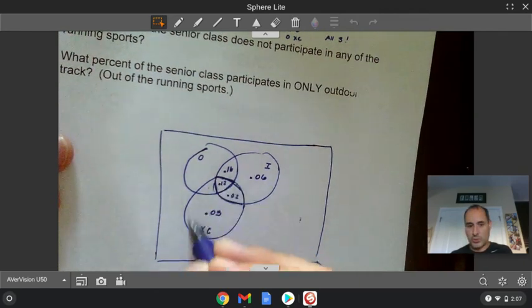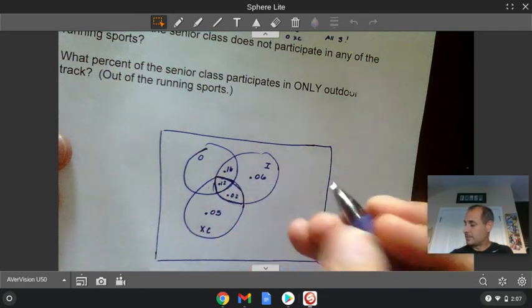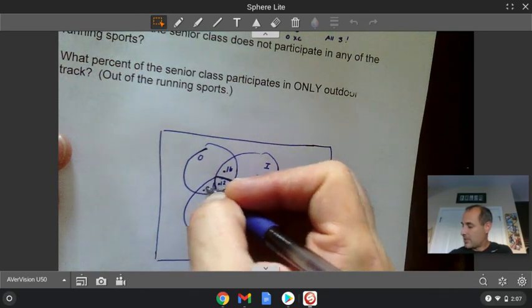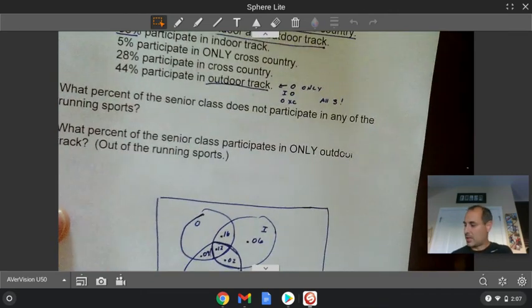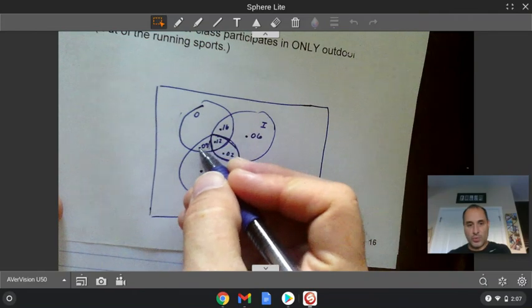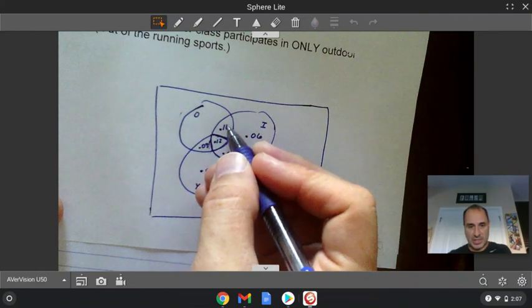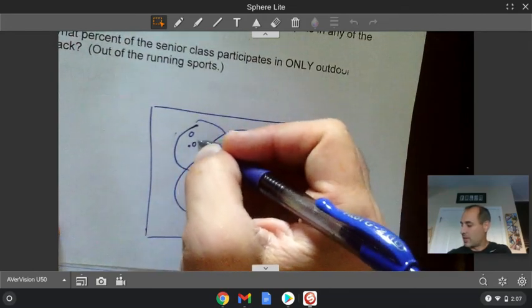This whole circle is 28. 5, 7, 19. So this has got to be 0.09 for 28%. And then last but not least, outdoor track is supposed to be 44%. 9 and 12 is 21. Plus 16 is 37. Plus 0.07.